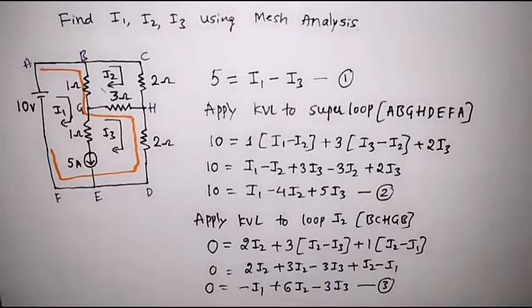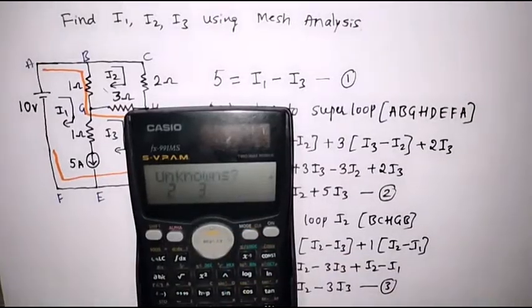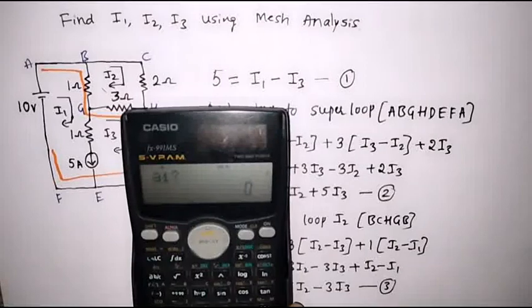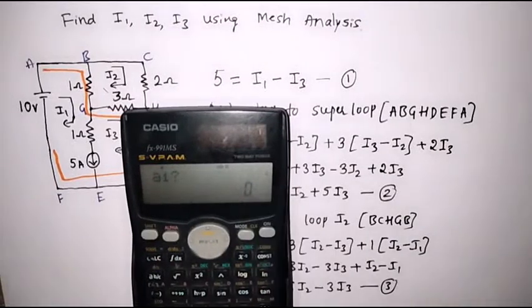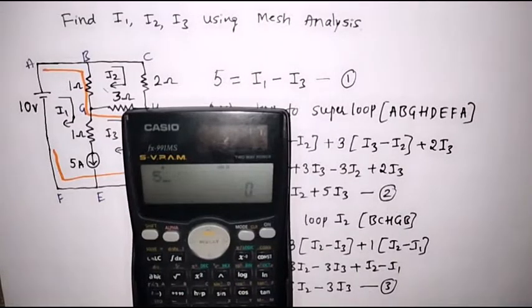Now we'll solve these three equations to find I1, I2 and I3. Keep the calculator in equation mode. There are three unknowns. In the first equation, the coefficient of I1 is 1, coefficient of I2 is 0, coefficient of I3 is minus 1, and the left hand side value, that is voltage, is 5.